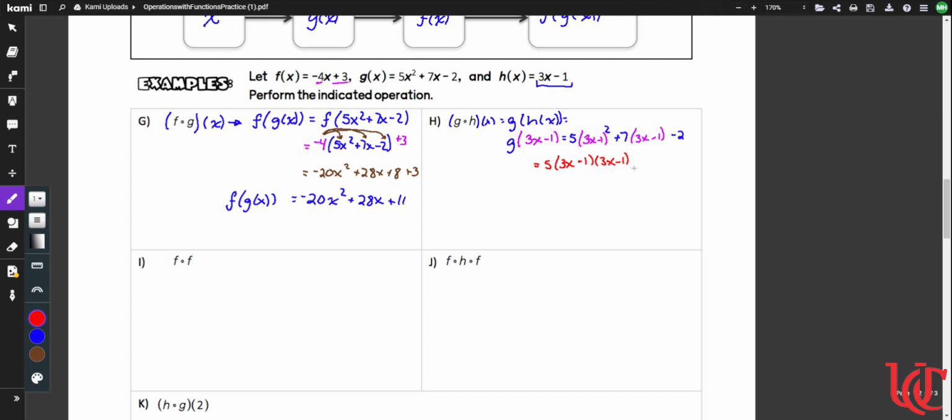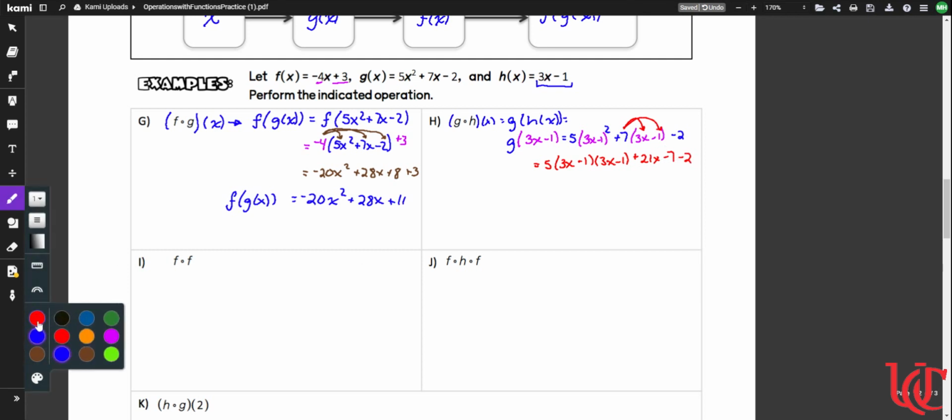We will put that down in our work in a minute. So plus, I can distribute right now with this. This term I can simplify, so I'm going to distribute my 7 to this. So this is 21x minus 7 minus 2.